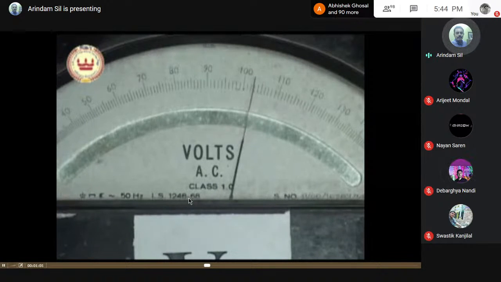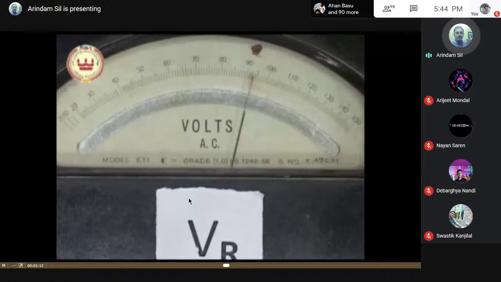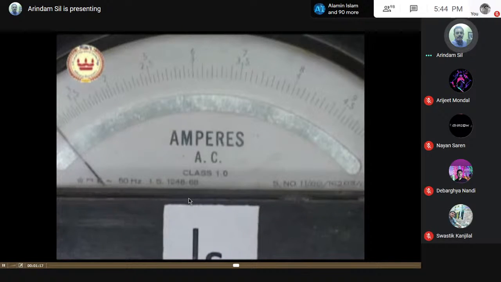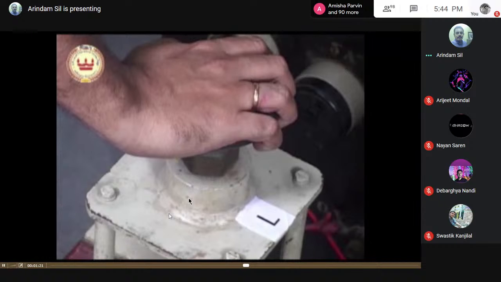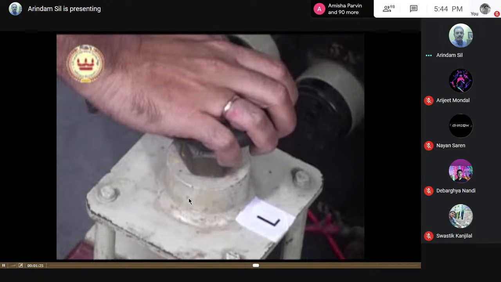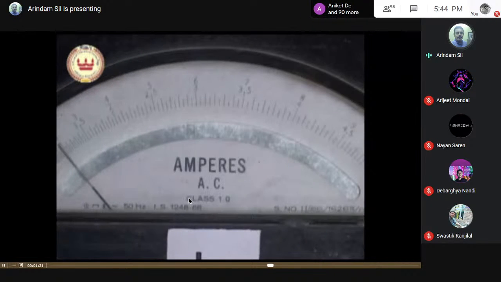This is 102 and this is for an inductor, I suppose, or capacitor. This is VR, VL, VC, VR. Okay? And this one is IS, source current. So varying the inductor, you are able to vary the voltage across the inductor and the source current getting changed.